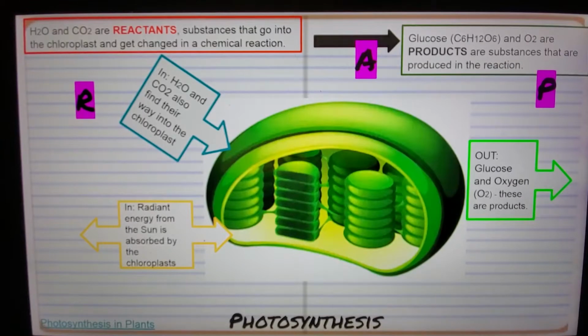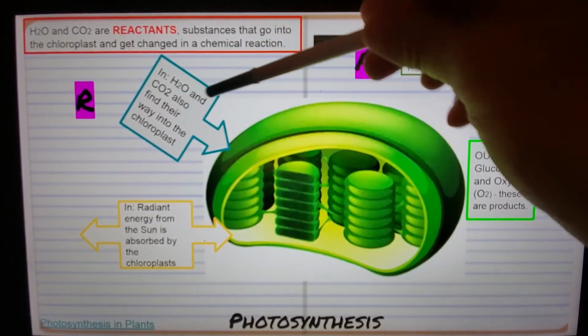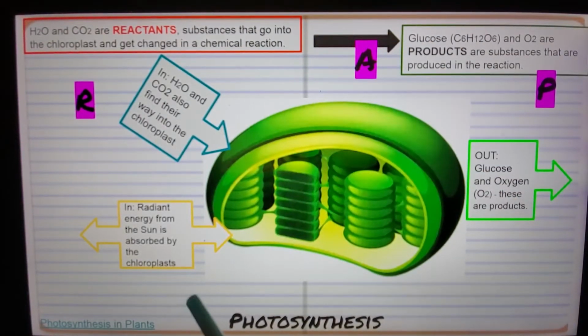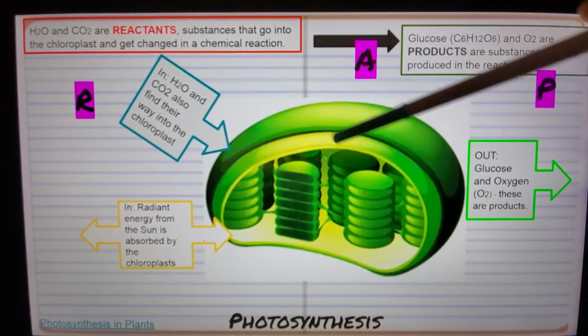So again, we could have started with cellular respiration, but we started with photosynthesis. Again, the reactants are water and carbon dioxide that come into the chloroplast. Light energy from the sun also enters, and that's the energy that makes this reaction happen.